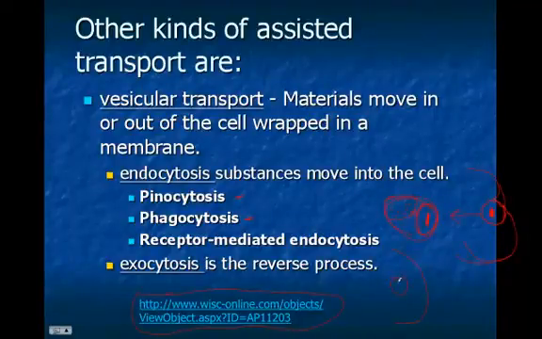Let's say that vesicle is carrying insulin. That vesicle is going to move towards the membrane, and eventually it will fuse with the membrane. When it fuses with the membrane, that vesicle then will add more membrane to the membrane.